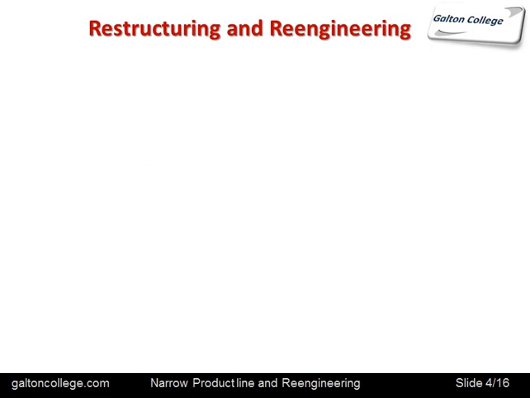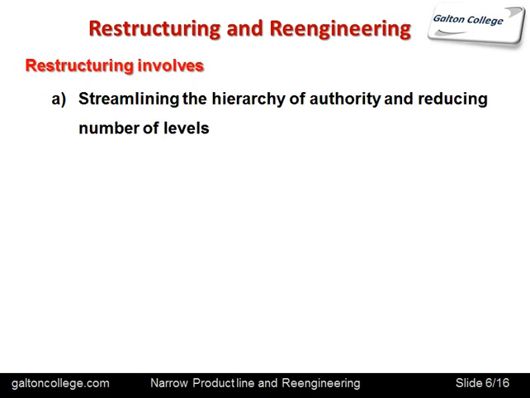Now let's briefly look at restructuring and re-engineering. Well, restructuring involves streamlining the hierarchy of authority and reducing the number of levels. That's streamlining. So if you look at the class on tall and flat organizations, streamlining would be moving from a tall organization down to a flat organization.